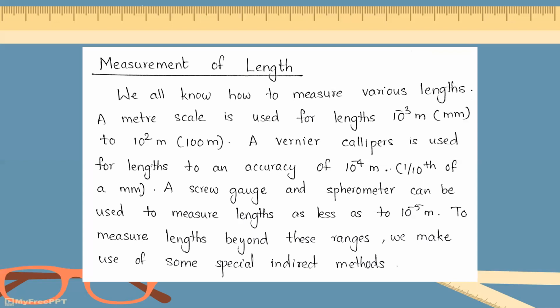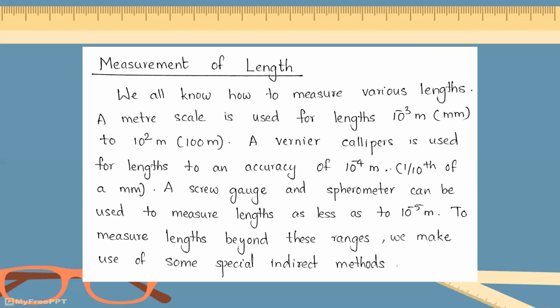Now, in this particular topic, we will see how to measure different types of lengths. We all know how to measure various lengths. Generally, when we go to a clothes shop, when we purchase cloth, we ask to measure it in meters.